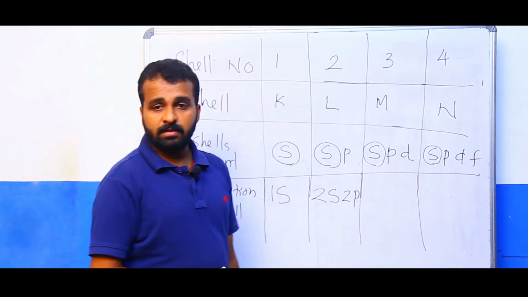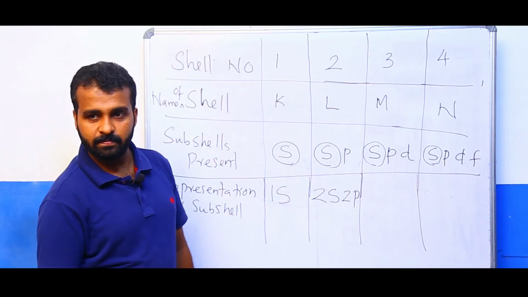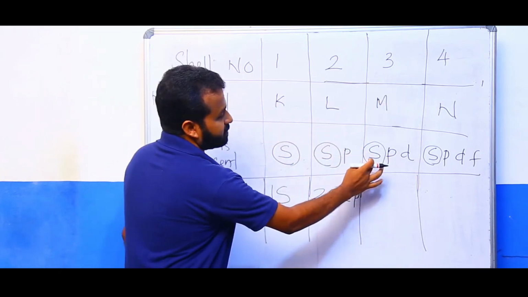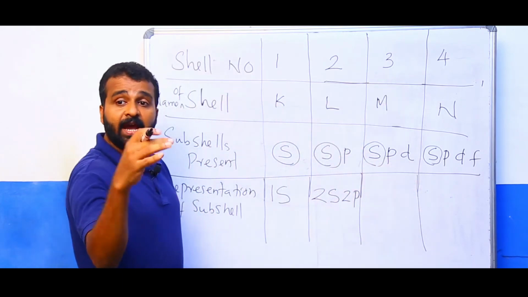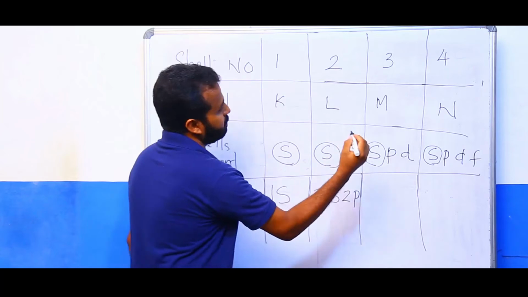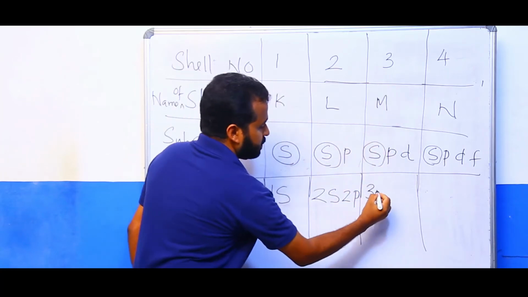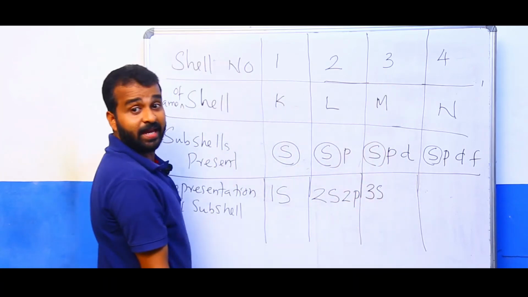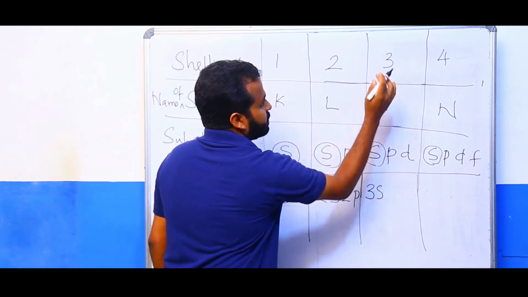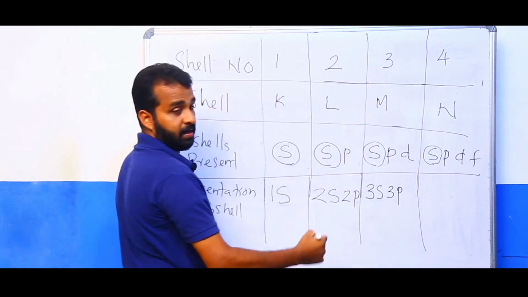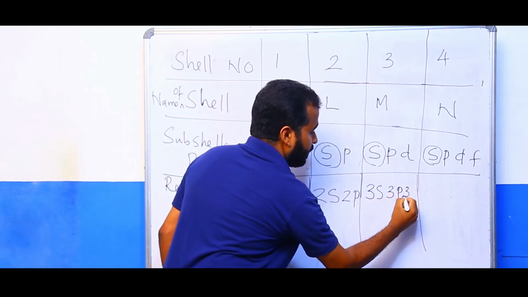Then in the same manner, can you write these two columns? Okay, listen. Third shell has three subshells S, P and D. So it can be written as 3S, then 3P and 3D.